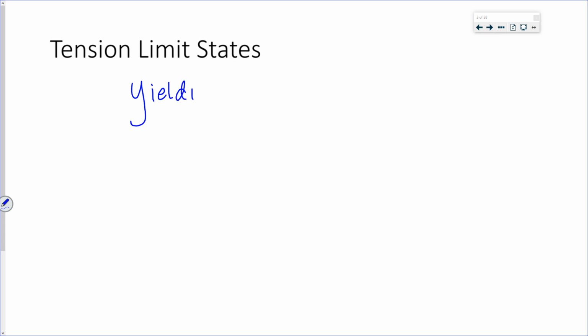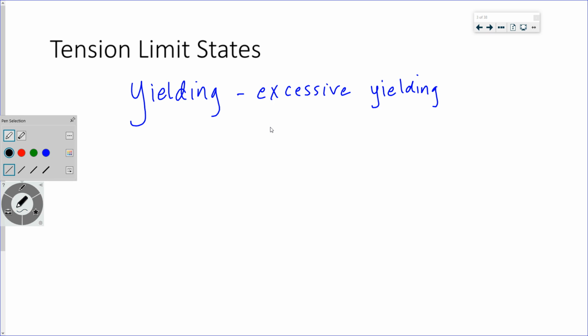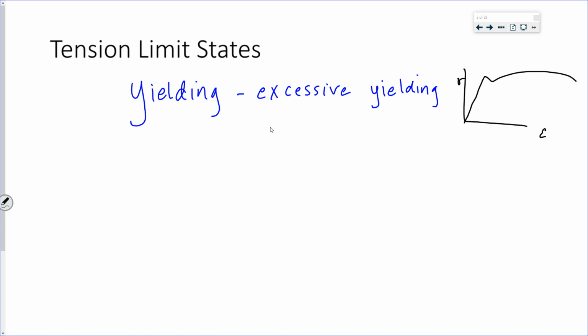But there is yielding, and when we're talking about yielding, we mean excessive yielding. If you recall from our stress strain, we have our elastic portion and then a plastic portion.